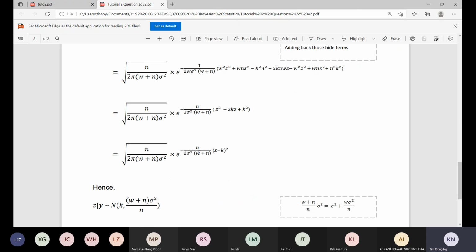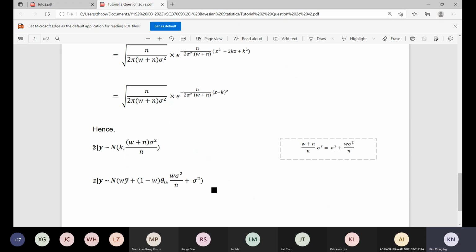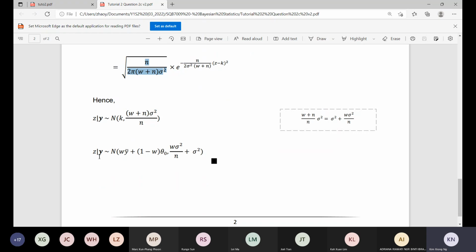Then we get this one. So hence Z given Y follows the normal distribution with mean k, this one is the mean, and also the sigma square here, this part and this part are the same. So hence it's proven that Z given Y follows the normal distribution.